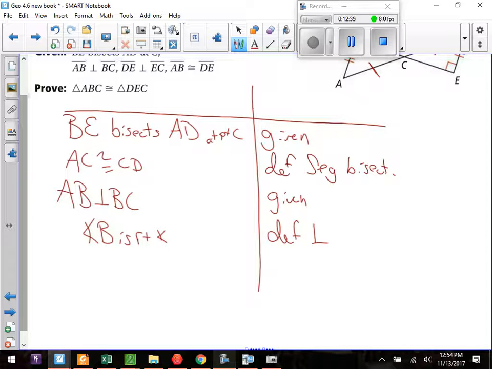Then I go on to the next one. I can't say that it's congruent to anything because I don't have another right angle yet. Since you're given two separate pieces that are perpendicular, you've got to say that those angles are formed before you can say that they're equal to each other.